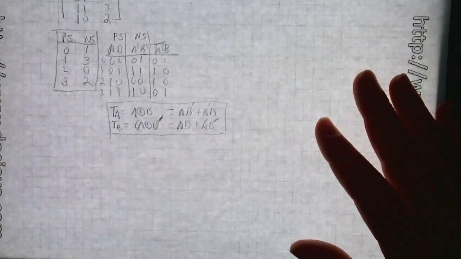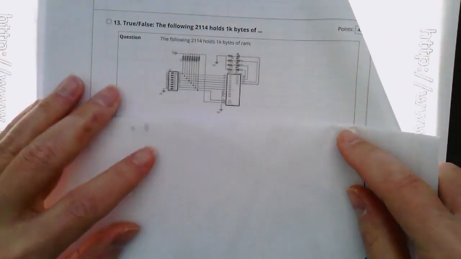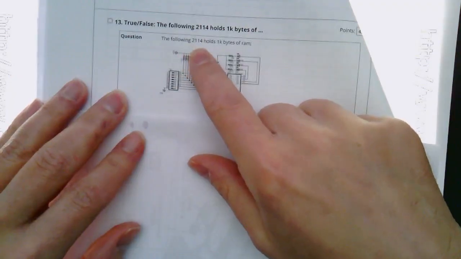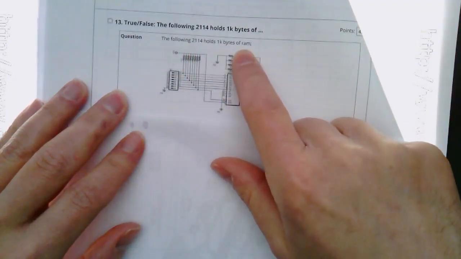You wanted me to do number 13, was it? 13. Let's look at that. I'm just going to grab the question. This is a true-false question. And what it says is, the following 2114 holds 1K bytes of RAM.